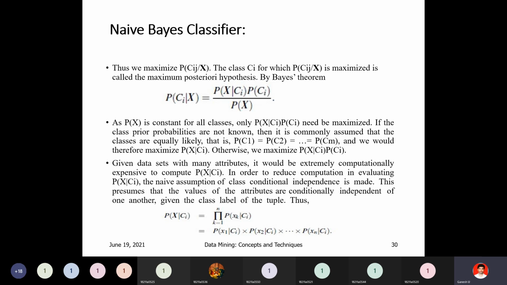For different classes, here Ci is nothing but a class: the yes class, the no class. In the second case, mango, banana or other fruits are the class names. Yellow, long, sweet are the attribute values x. Here x represents yellow, long, sweet, and the class represents banana, mango, others.